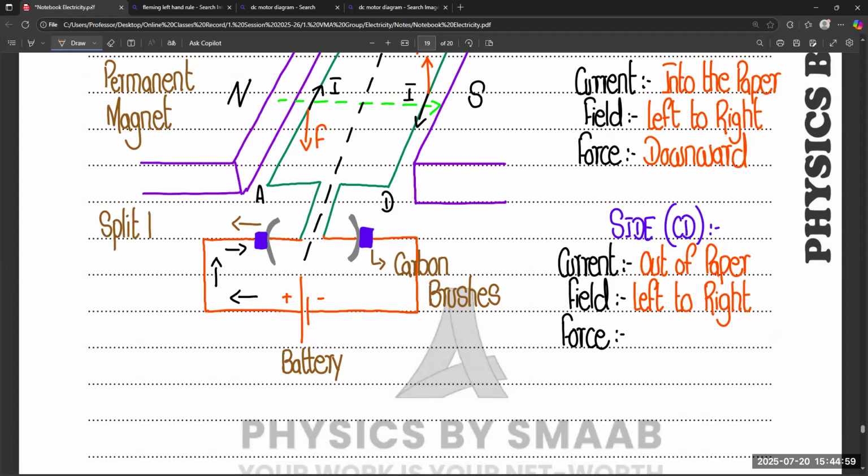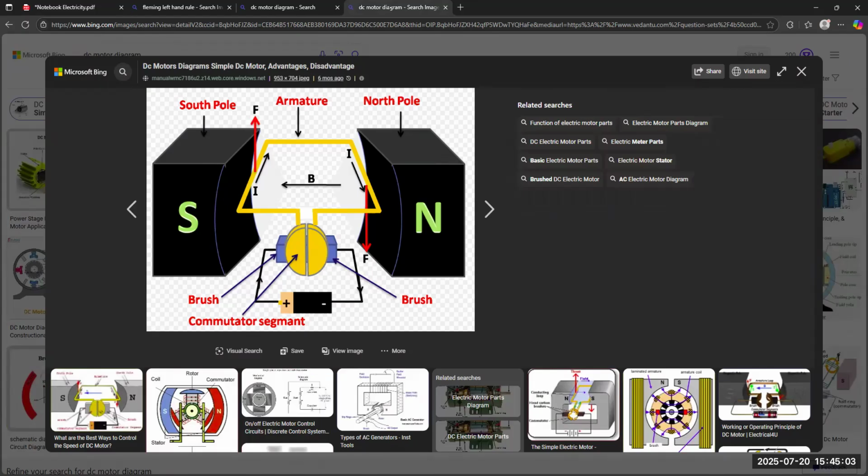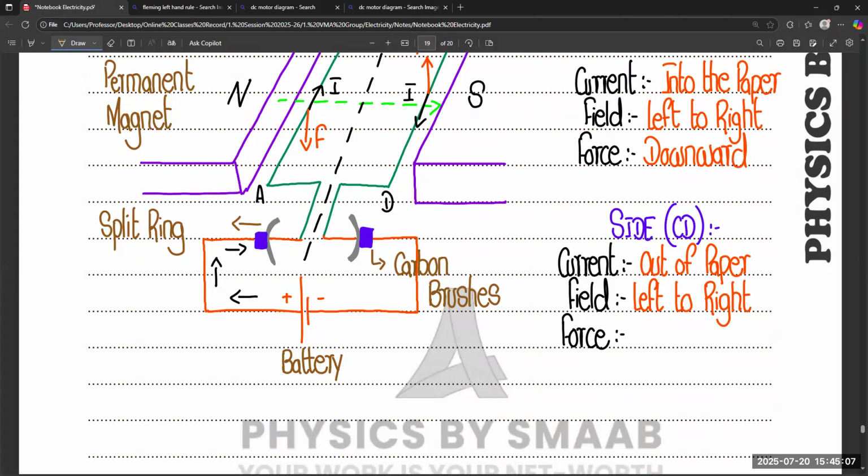You can also call it a split ring because there is a gap between them, so that's why split ring. Split ring commutators.